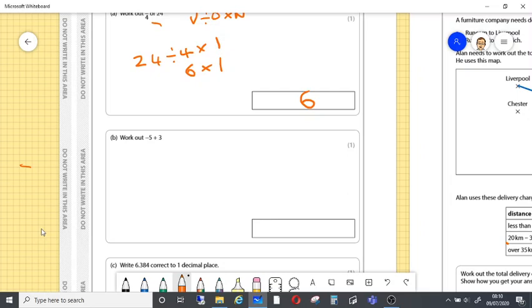If I start in the middle with a 0, and that's going to be 1, and then 2, and then 3, and then we've got -1, -2, -3, -4, -5. -5 plus 3. If it was colder, it would be -3. So I'm adding 3, so I'm making it kind of warmer. So it's 1, 2, 3. So the answer to -5 plus 3 equals -2.